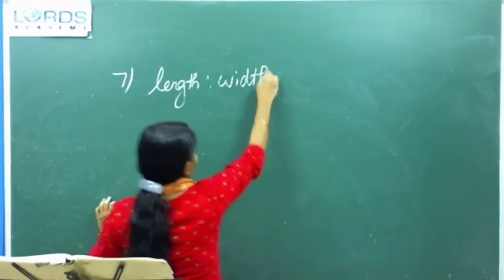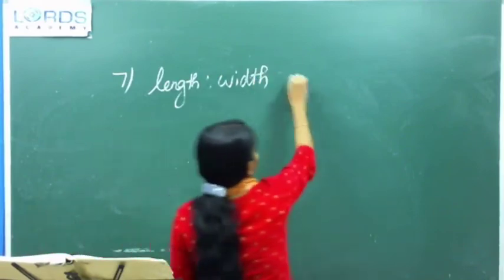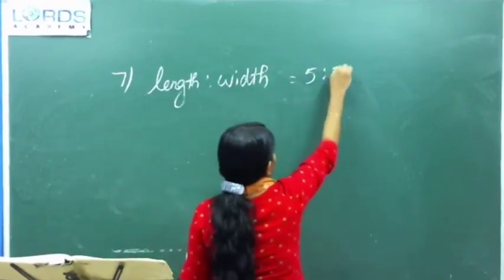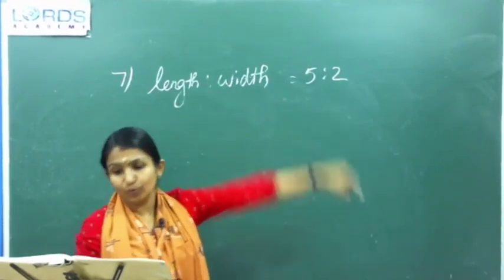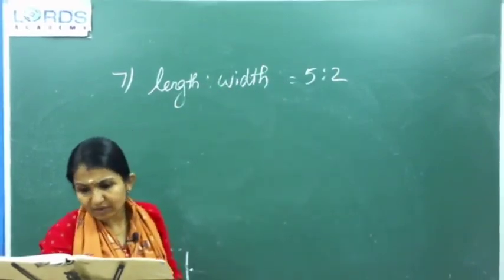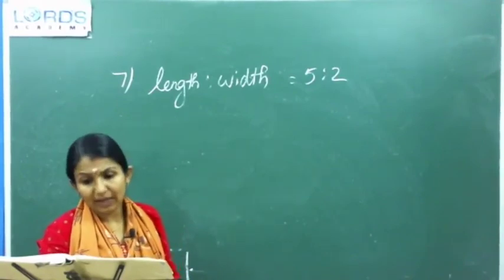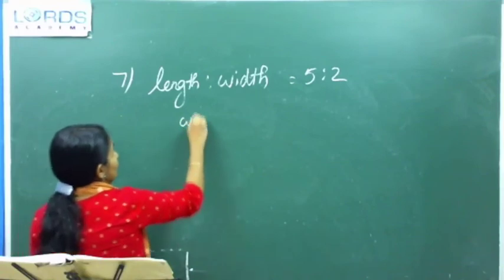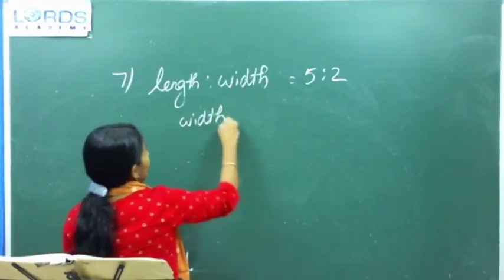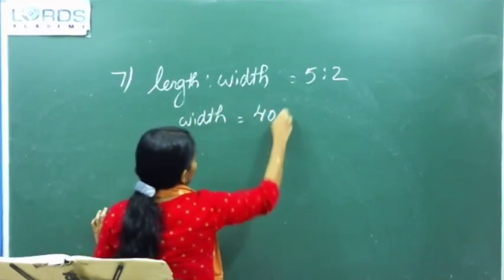It's given that 5:2. So, length 5 and width 2. And one more thing is given. We want to find out length if the width is 40 meters, and width is already there, that is 40 meters.